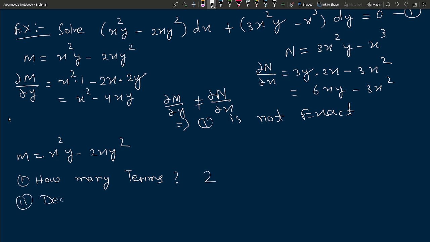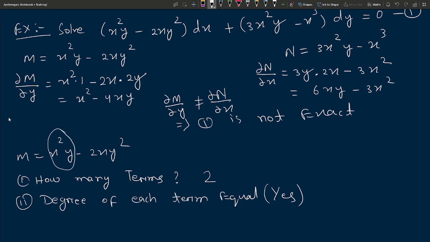Then the degree of each term must be equal. Yes or no? Yes. There are 2 terms, x square y and minus 2xy square. What is the degree of x square y? The degree is 2 plus 1, 3.